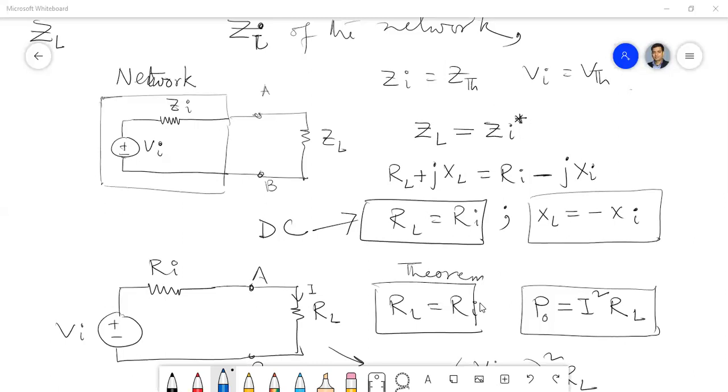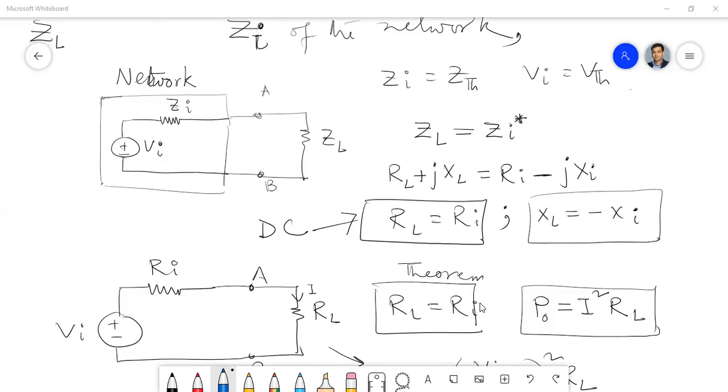Let me ask Harshit Keshari. Harshit Keshari, please unmute. What do you mean by XL equals minus XI?